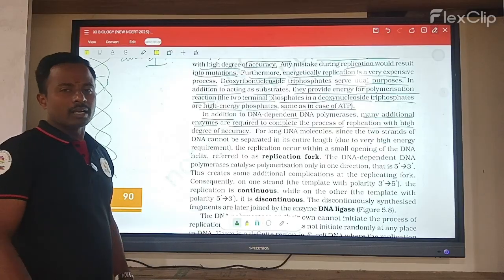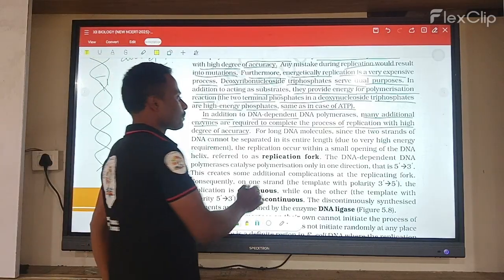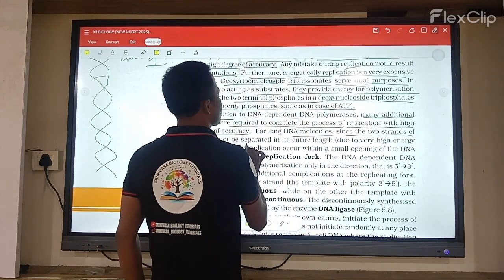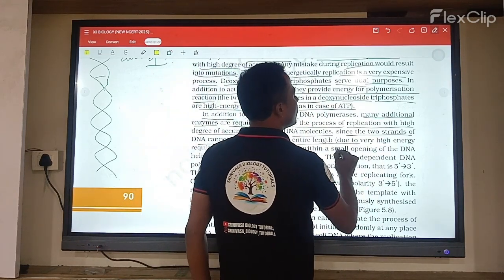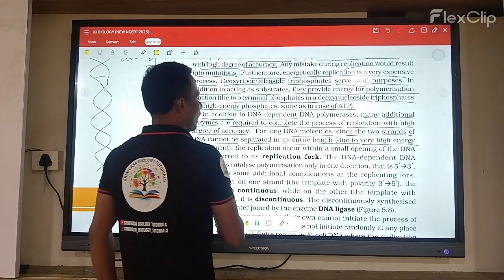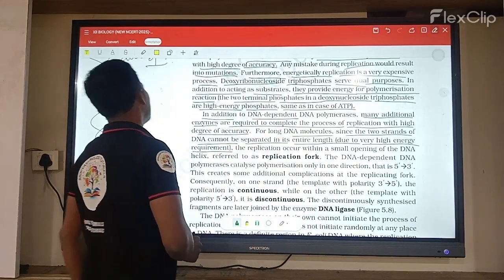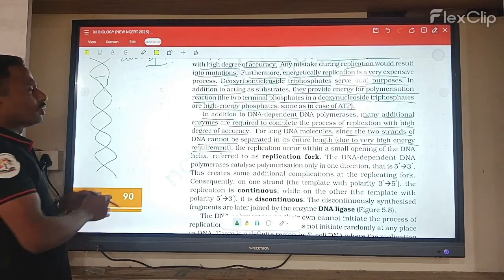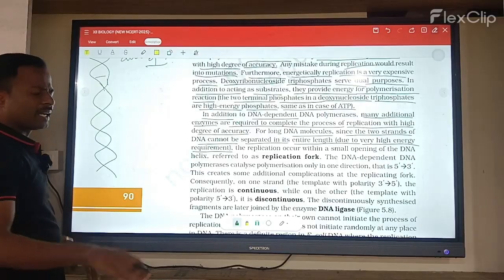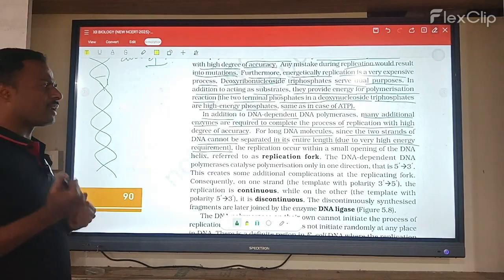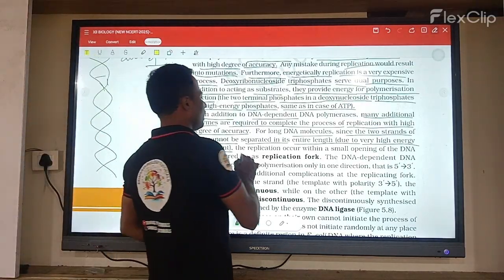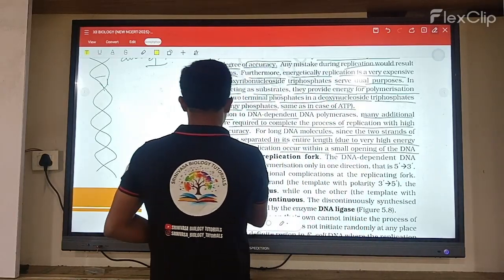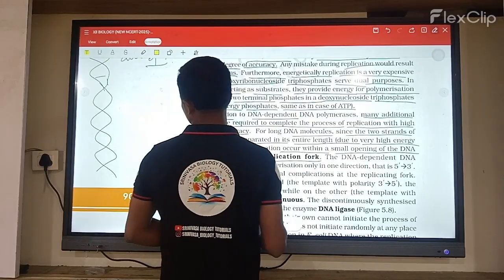Now, for long DNA molecules, since there are two strands, the DNA cannot be separated over its entire length due to the very high energy requirement. So this is a long DNA strand, and if replication were a continuous process over it, it would require more energy. Am I right? The replication then occurs within a small opening in the DNA helix, referred to as a replication fork.